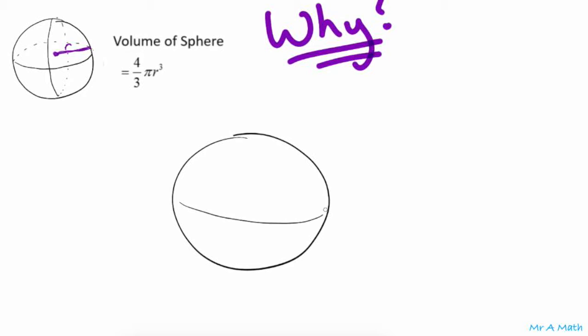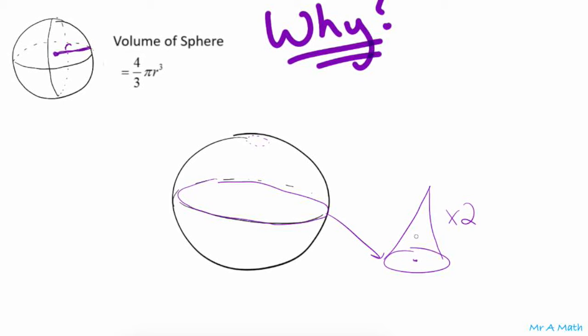And in this sphere, I have this cross section of a circle right through the center of the sphere. And if I take a cone that has the exact same cross section as its base, and I have this cone here, if I fill this up with water and pour it into a tiny little hole at the top of this sphere, then it will take exactly 2 of these cones.